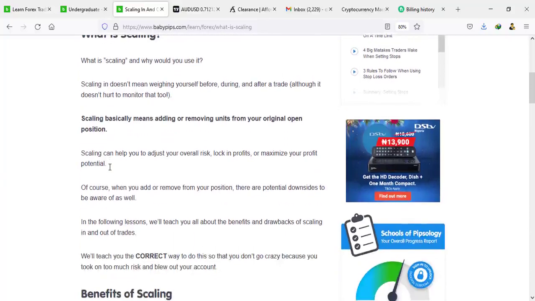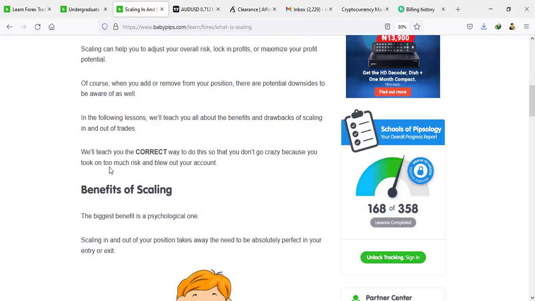Now, what are the benefits of scaling? Please mind you, there are also wrong sides to this. If you do not know how to use scaling very well, there are both good sides and lots of drawbacks as well.